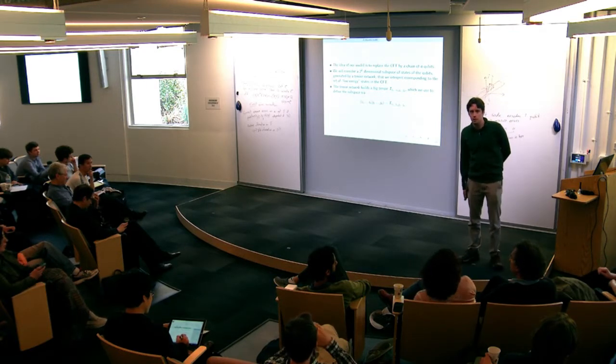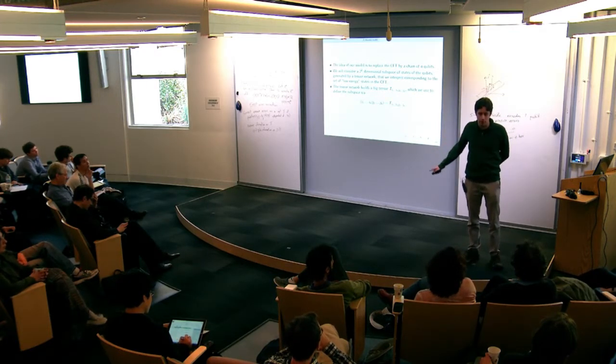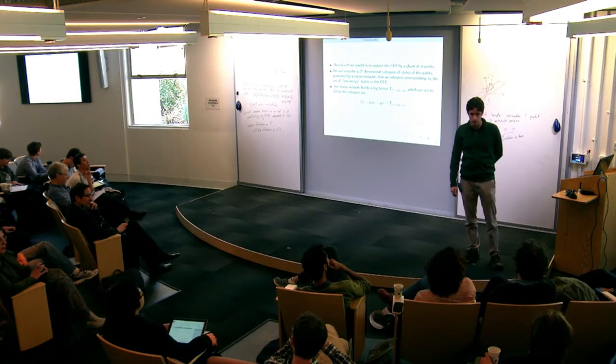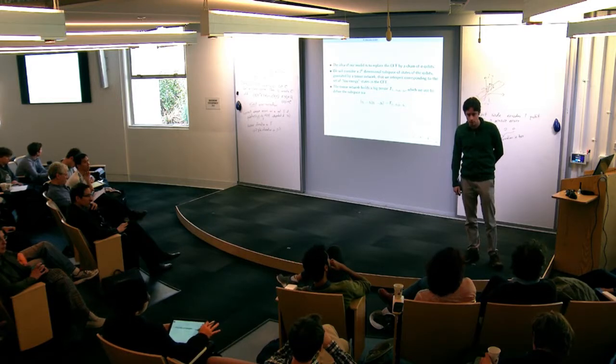That's right. The code I'm about to describe is not going to be a good code. To make it a good code, you have to turn it into a subsystem code, where you only view a subsystem of the code subspace as being the set of things you care about. But it'll be more clear in a minute, I think.